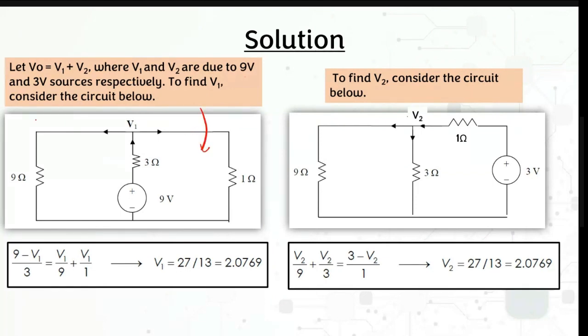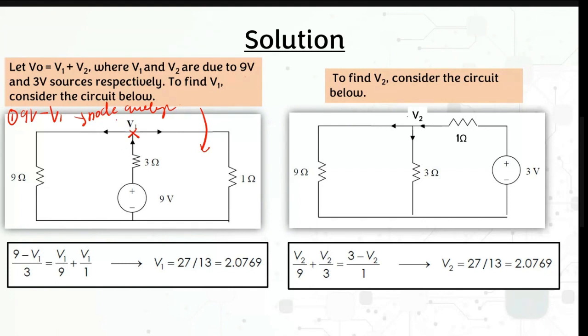So first, with the 9 volts, you want to calculate V1 here. You can use node analysis, where you put a node V1 here in order to calculate V1. Just look at the current direction.